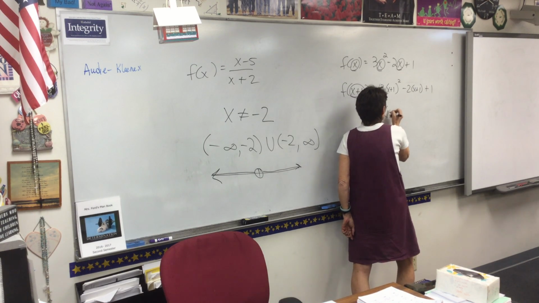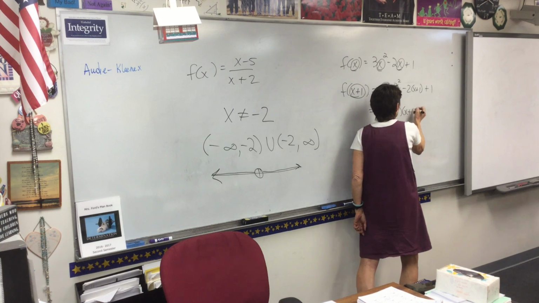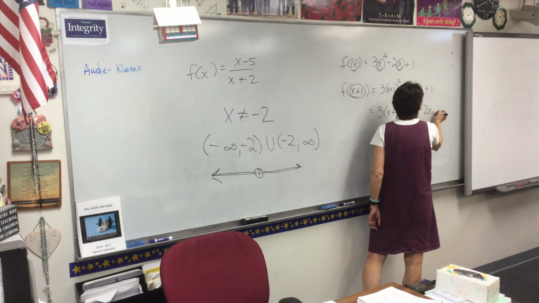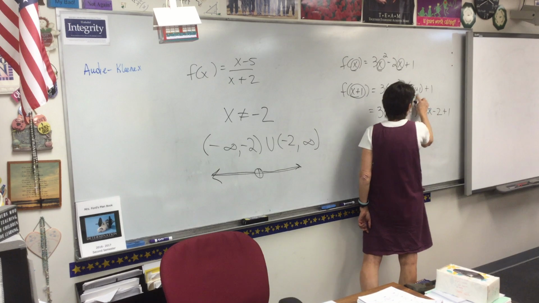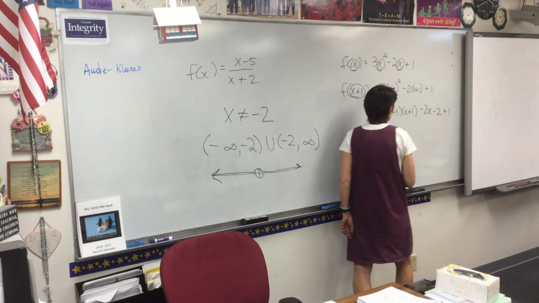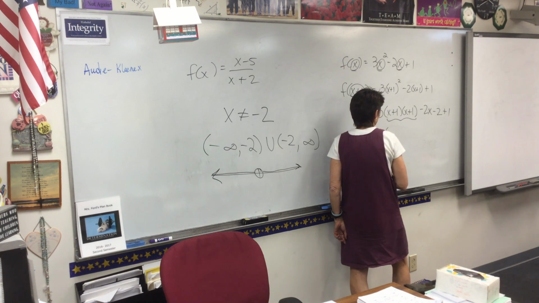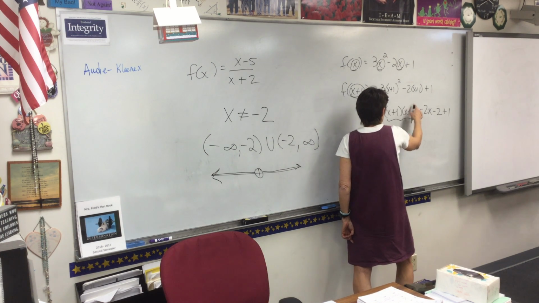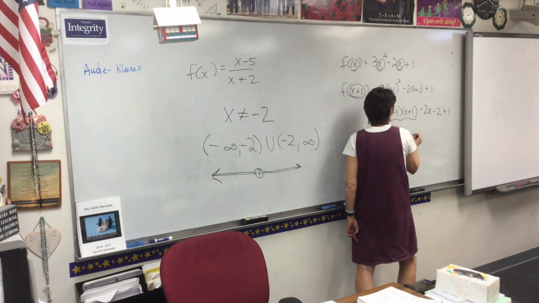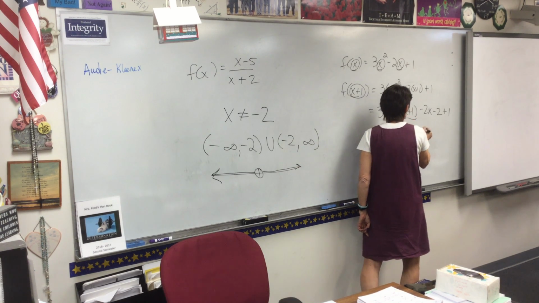So 3 times (x plus 1)(x plus 1), minus 2 times (x plus 1), plus 1. I'll go ahead and distribute here carefully. Now I'm going to FOIL this first. So that's going to give me x squared plus x plus x plus 1.